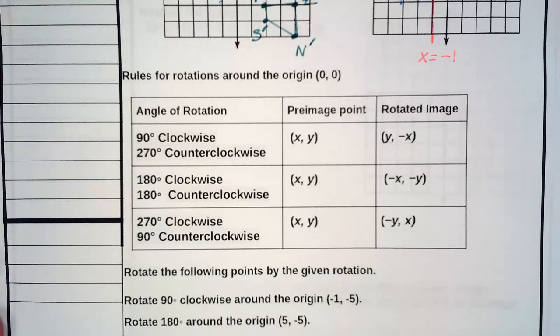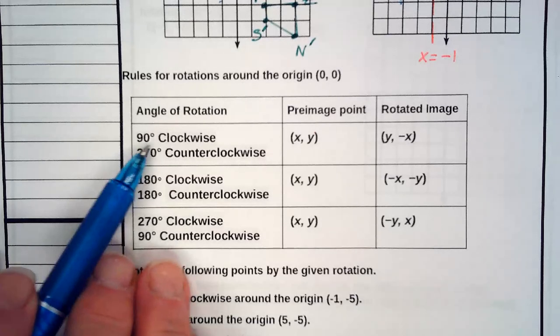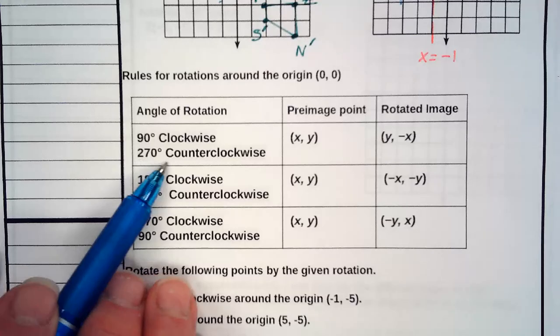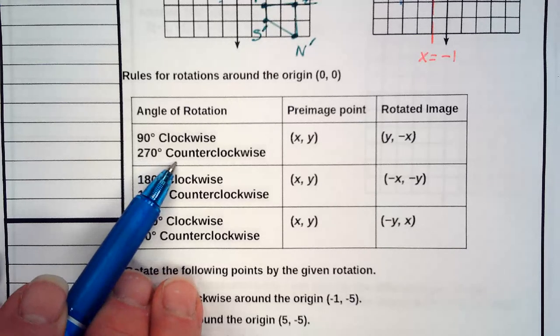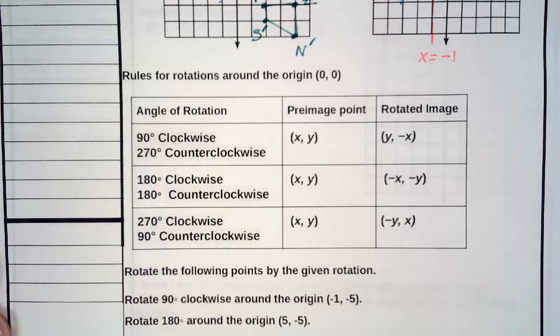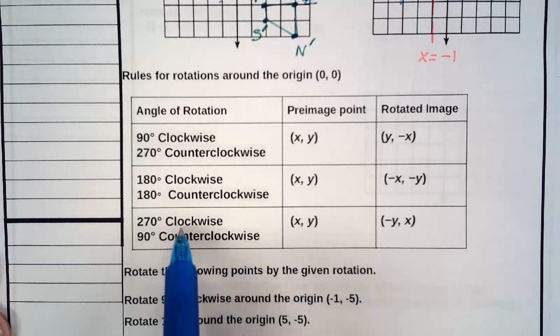But you have a table that tells you what to do with your points. A 90 degrees clockwise rotation is the same as a 270 degrees counterclockwise. With 180 degrees, it doesn't matter because you're going halfway around. A 270 degrees clockwise is the same as a 90 degrees counterclockwise.